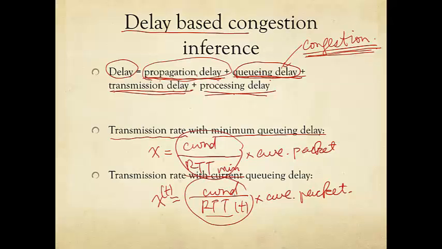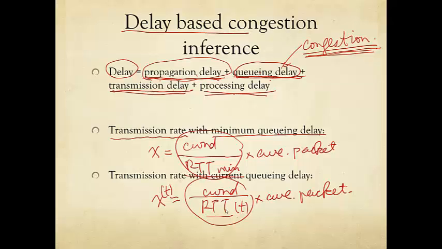And what happens is that you would say, let me look at the difference between the transmission rate with a minimum queuing delay versus the actual transmission rate I'm currently getting. And if this difference is very big, then that gives me some information about the current congestion condition.